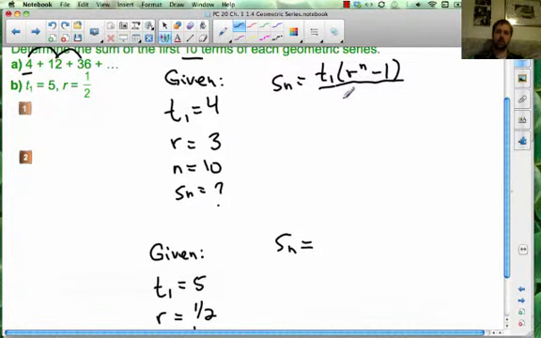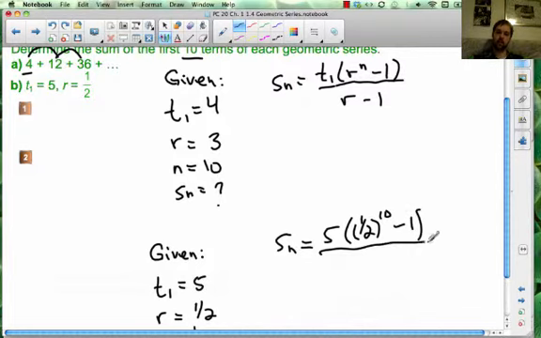So again, we go back and look at our formula, and that's what it looked like. So t1, 5 times r, which is 1/2, to the power of n, which is 10. Subtract 1 inside the brackets, then divide by 1/2 minus 1.